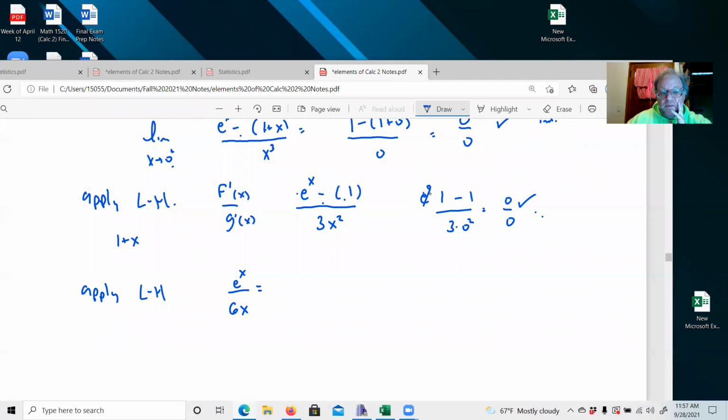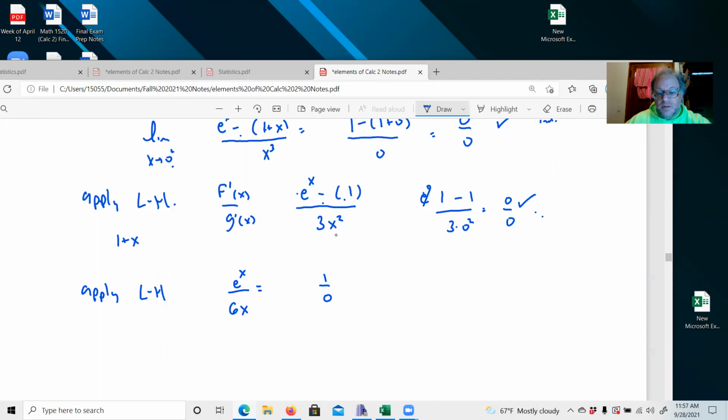And as x goes to 0, we get 1 over 0, which means we cannot apply L'Hopital's anymore.